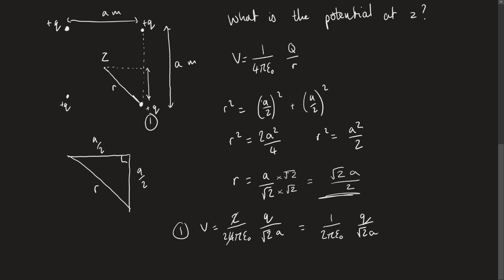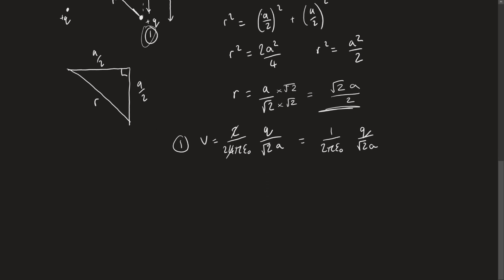Now this is just from the first charge here. I've still got 3 other contributions, so when I add these together, the total potential at Z is just going to be 4 times the potential at 1. So I take 4 times 1 over 2 pi epsilon naught, q over root 2 a.